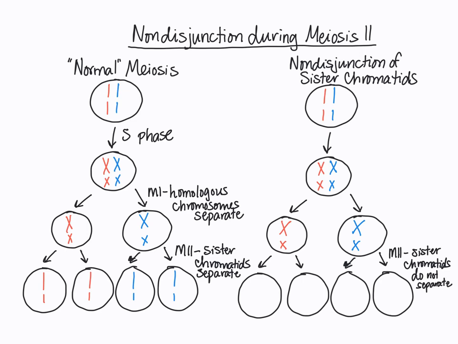So recall that the sister chromatids are supposed to be pulled apart in that one sister chromatid goes into one daughter cell and the other sister chromatid goes into the other daughter cell. So we can actually draw these two gametes here, and these would be considered normal.